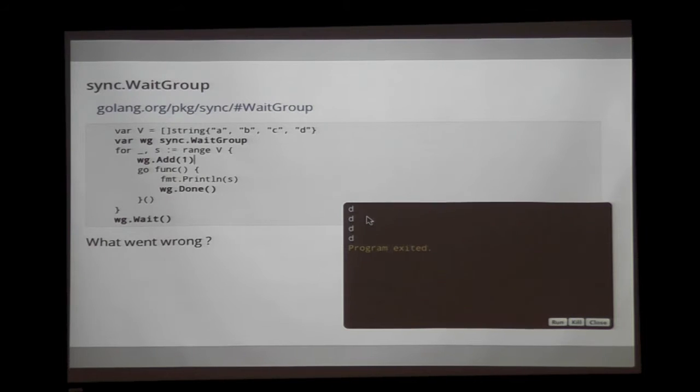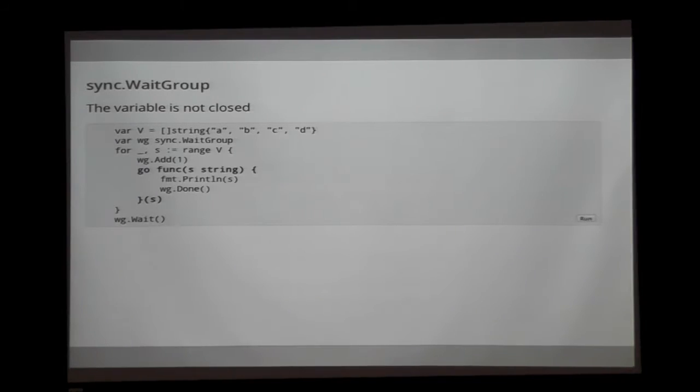But why do we receive DDD when we expect A, B, C, D? Same problem as on the first one, where you're not making a copy of the string. Correct. Did everyone notice it? So we modify the function to just take a string, and we invoke the function with the specific string.